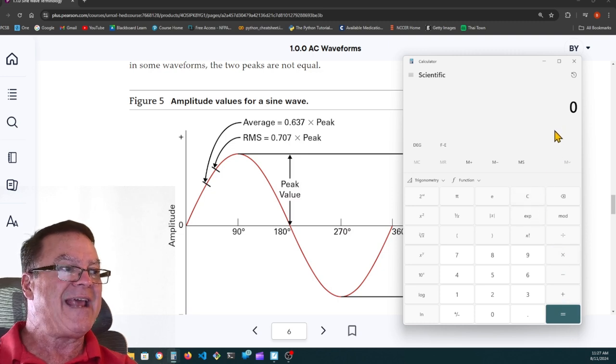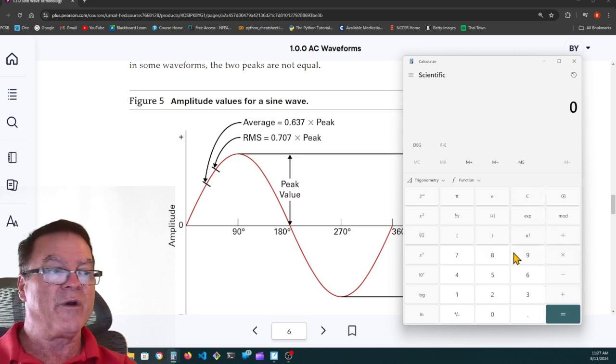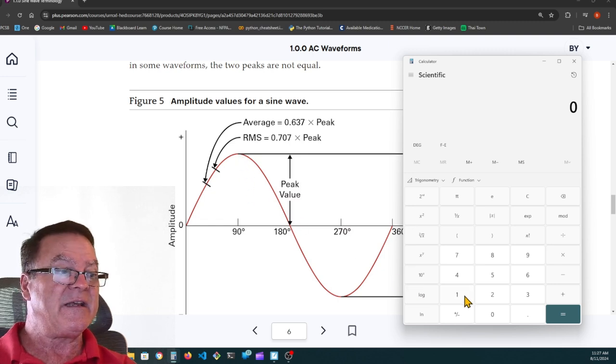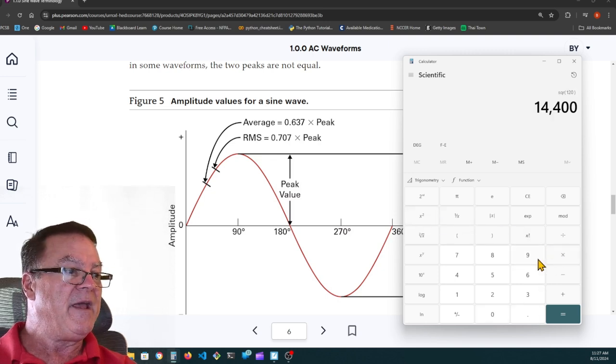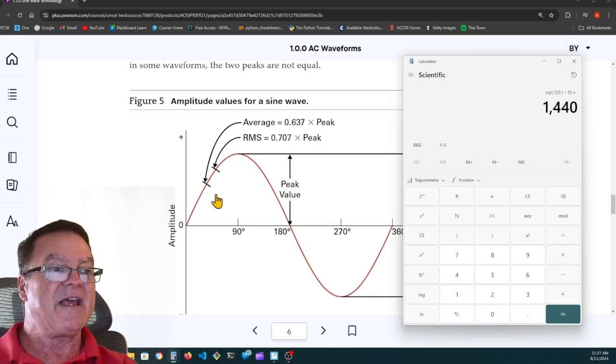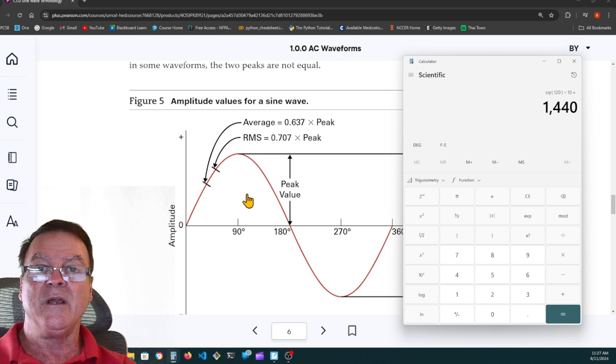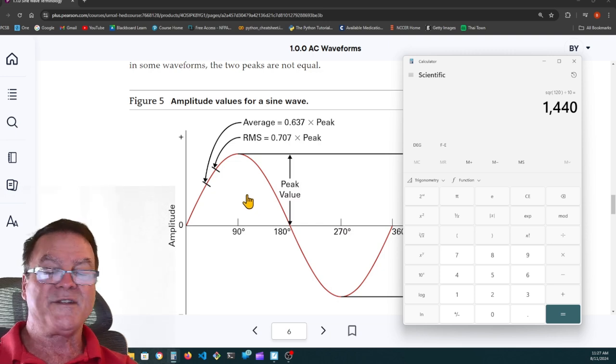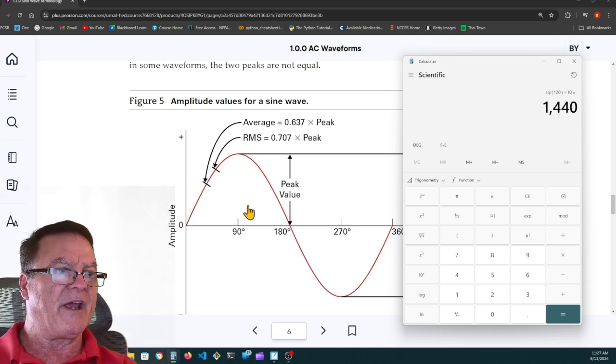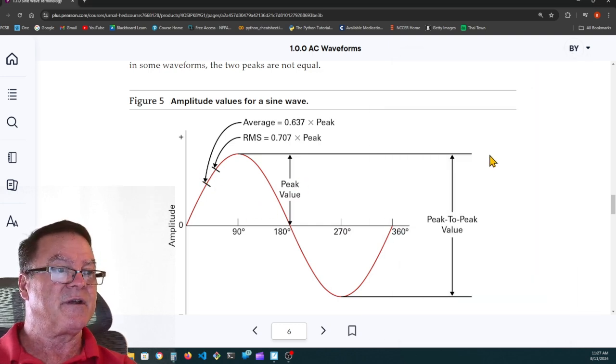And I will get that same 1,440 watts if I had 170 volts peak of AC. I would take the effective value, 120, and I would square it and divide by 10 ohms. And it would give me the same 1,440 watts, or in this case, we might call them volt amps, of power in that AC circuit.